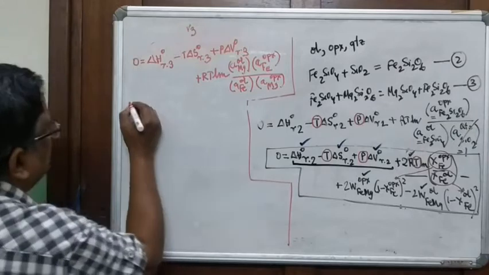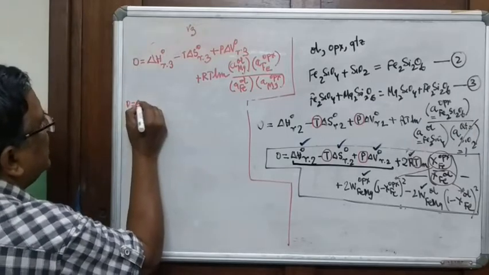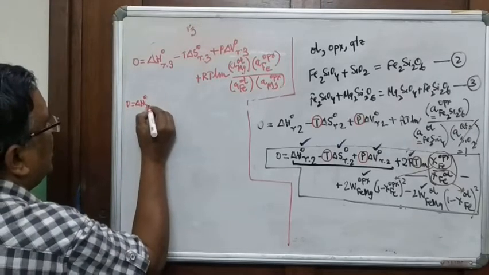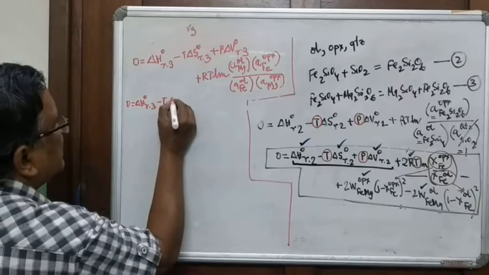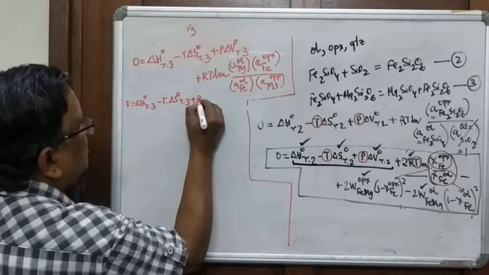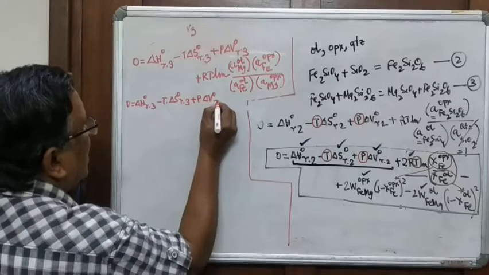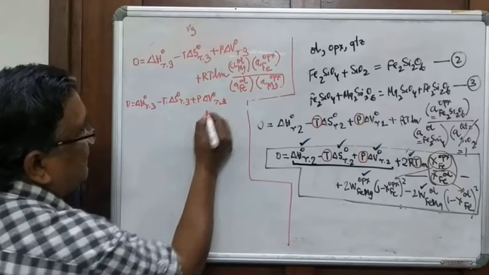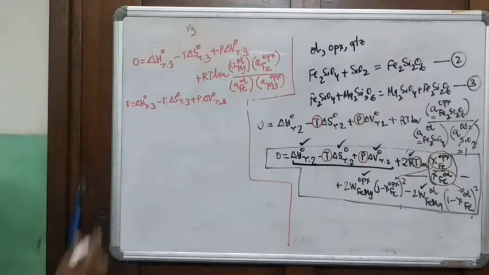This can be changed a bit and you can write delta H0 R3 minus T delta S0 R3 plus P delta V0 R3. Remember, this value would be very small for the exchange reaction.